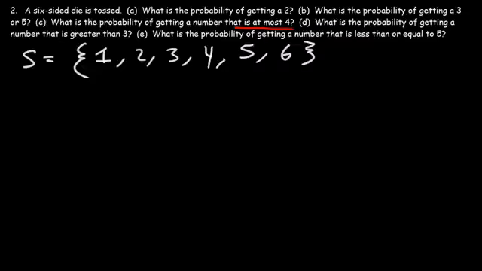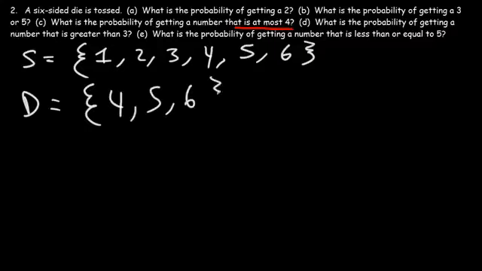Now, what about part D? What is the probability of getting a number that is greater than 3? So let's list out the outcomes that favor event D. So numbers that are greater than 3, that includes 4, 5, and 6, but it doesn't include 3.